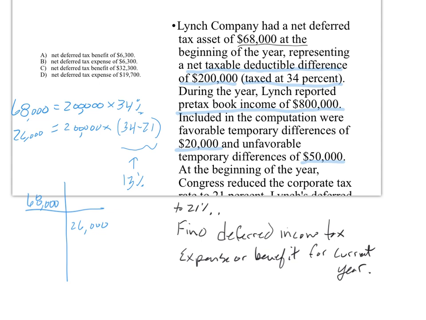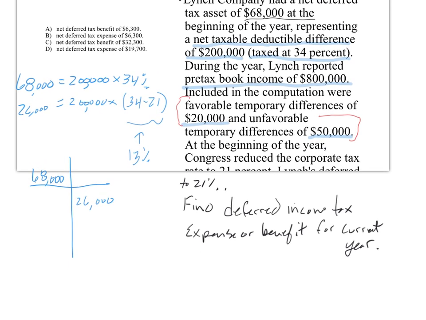Now, what else is going on during the year? Well, we have pre-tax book income, and that's fine. But what really matters is we need to know the difference between our favorable temporary and unfavorable temporary differences.